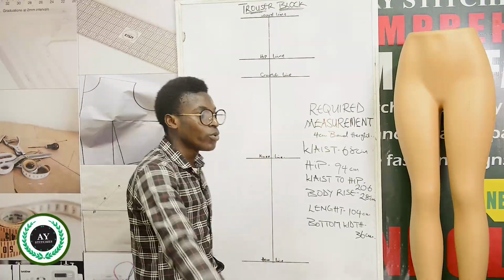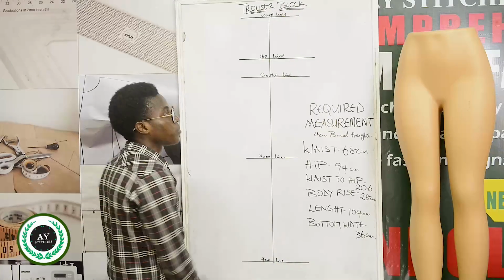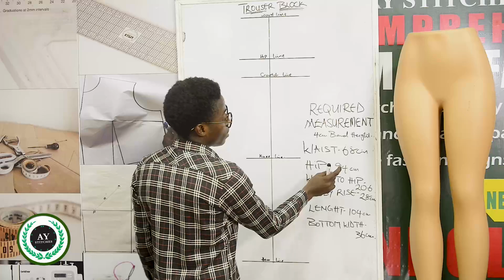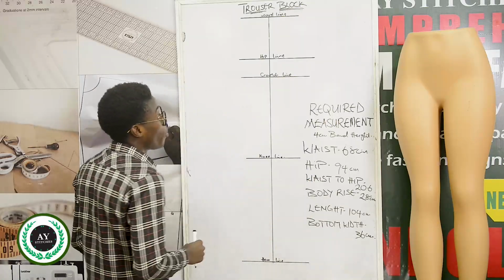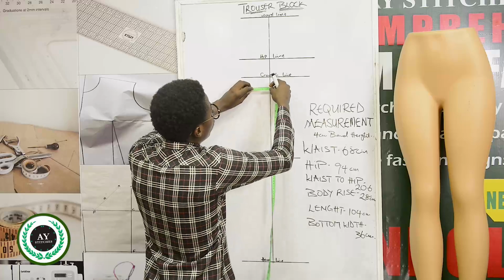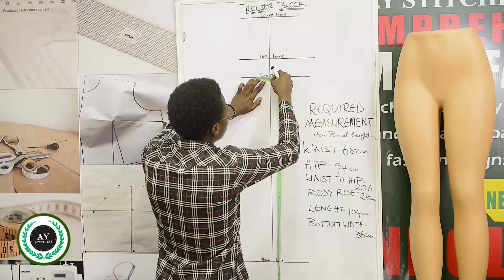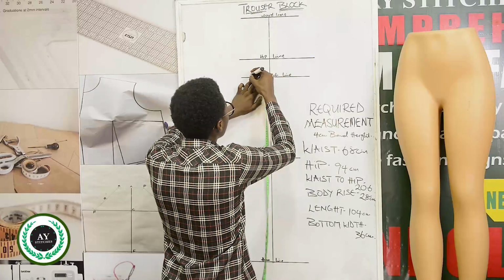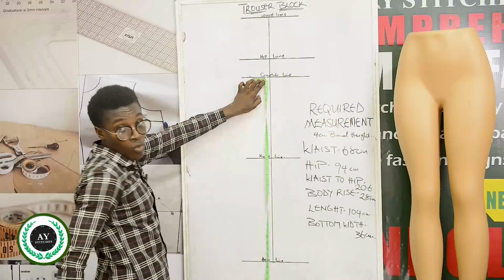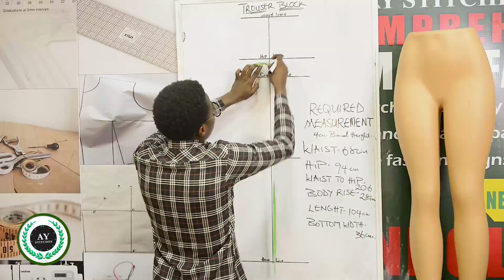The next thing I'm going to be doing is to get what? 1/12 of my hip measurement. And 1/12 of my hip measurement 94. So 1/12 of my hip measurement is 7.8. So you're going to be taking the measurement from the balance line at the crotch line, so 7.8. Then you are going to be squaring it up alongside the hip line and also the waistline.